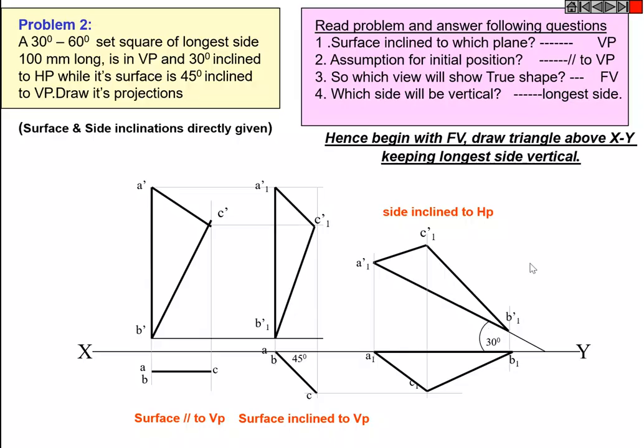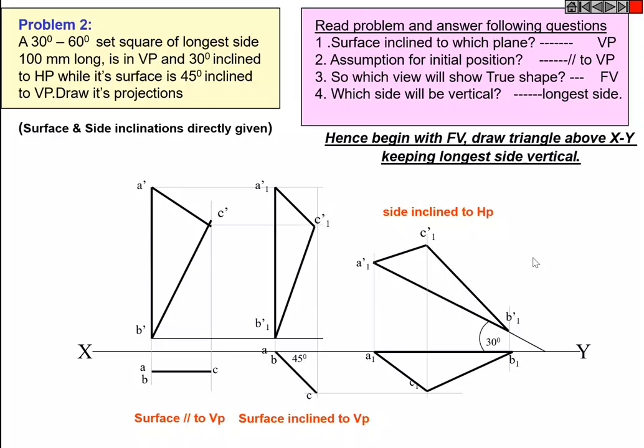Like this you'll be able to get the required 30 degree 60 degree set square in the front and top view. While reading the problem, the first step is to consider which plane the surface is inclined to, whether HP or VP. Here it is VP, so the assumption for the initial position is that it is parallel to VP.